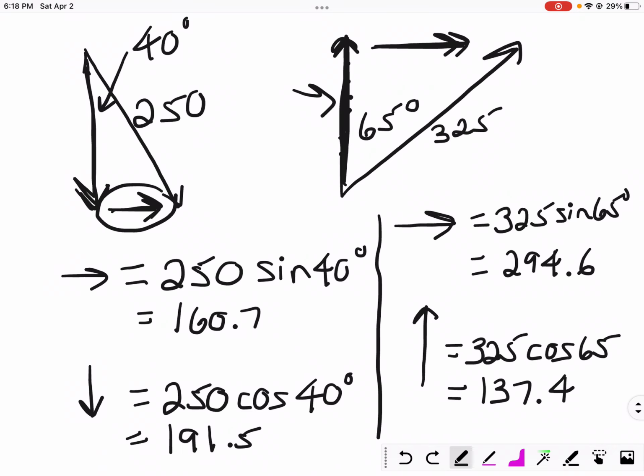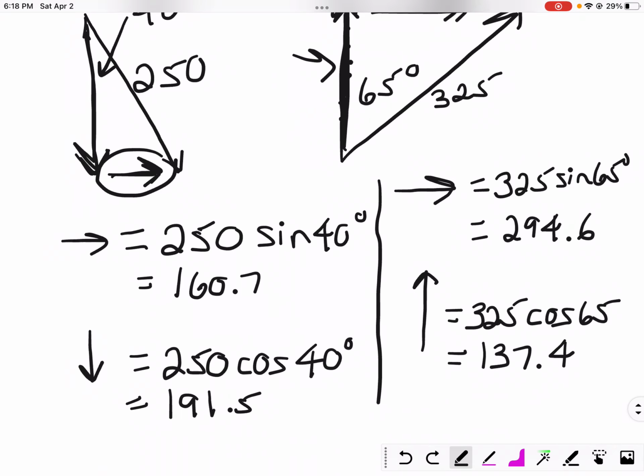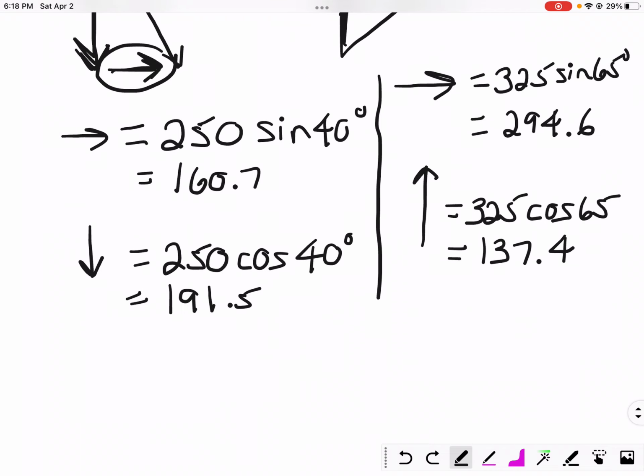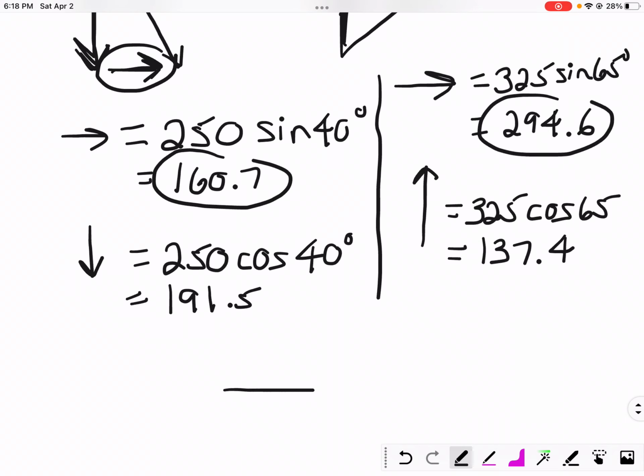Oops, not degrees. Now, we take this number and this number, and we wind up with this. We're going to add those two together because they're going in the same direction. And that's going to be 455.3.